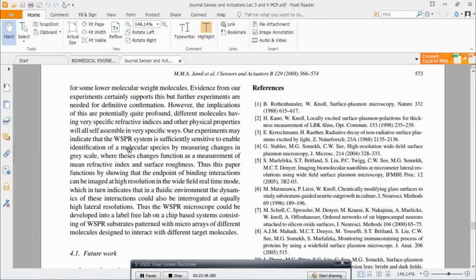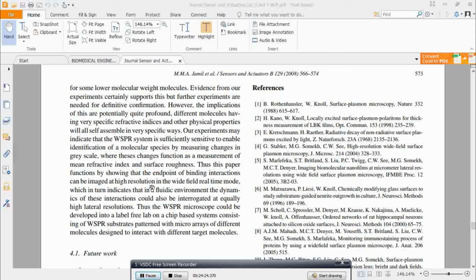It's not the same with the AFM system. The AFM system can also push the resolution down to nanometers. But as I mentioned, AFM shows topographical images. That means the view is actually from the top, and surface plasmon is looking from the bottom.